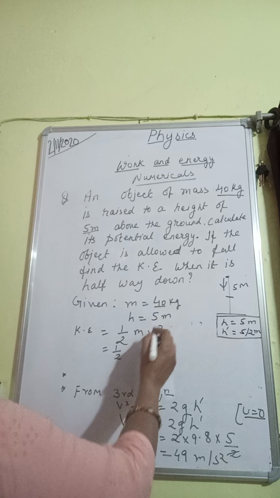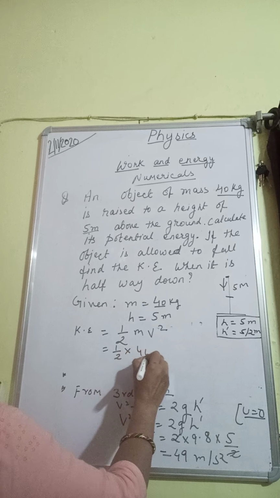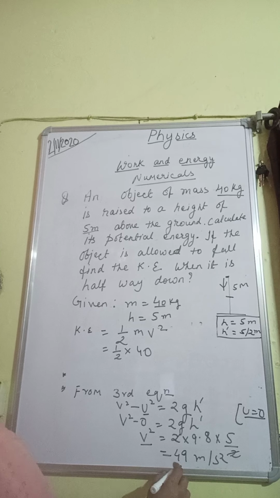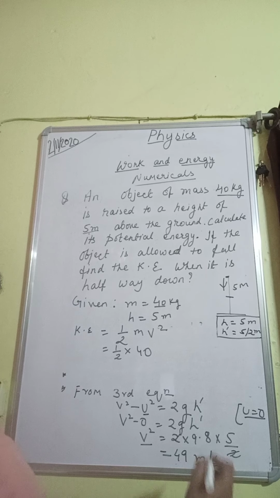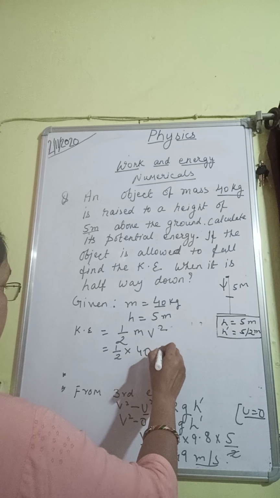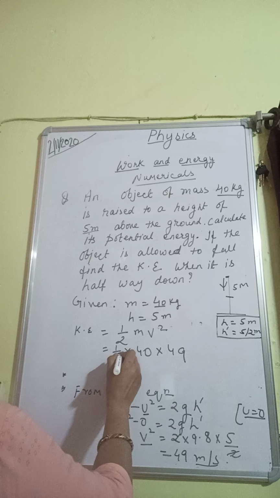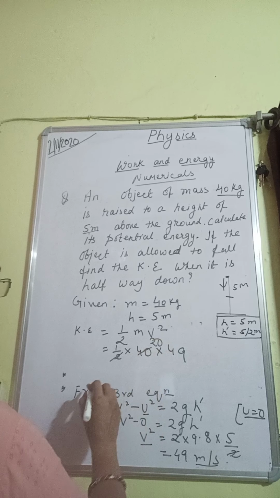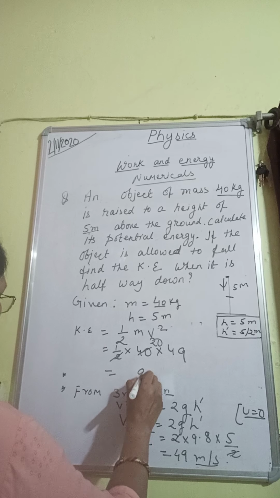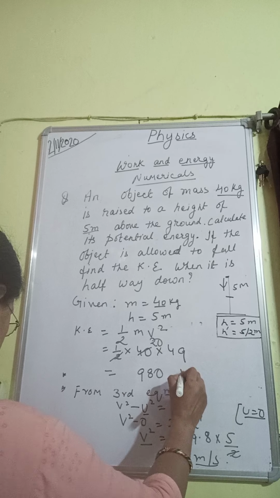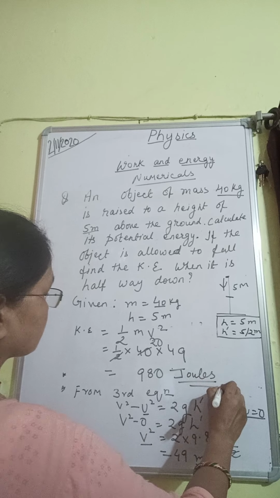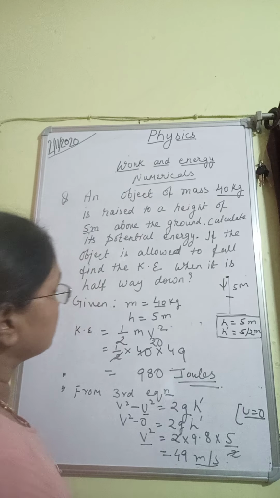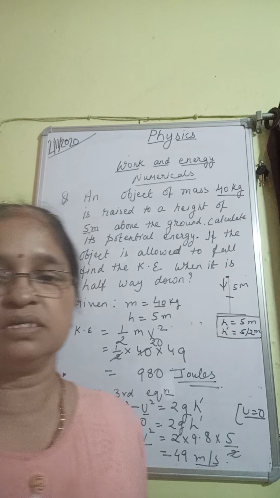Half m we have 40 kg and v square we have got 49 meter per second square. So 40 into 49 by 2, that is 20 into 49. So we will get the answer 980 joules. So this is the answer. Okay, then you practice the numerical.